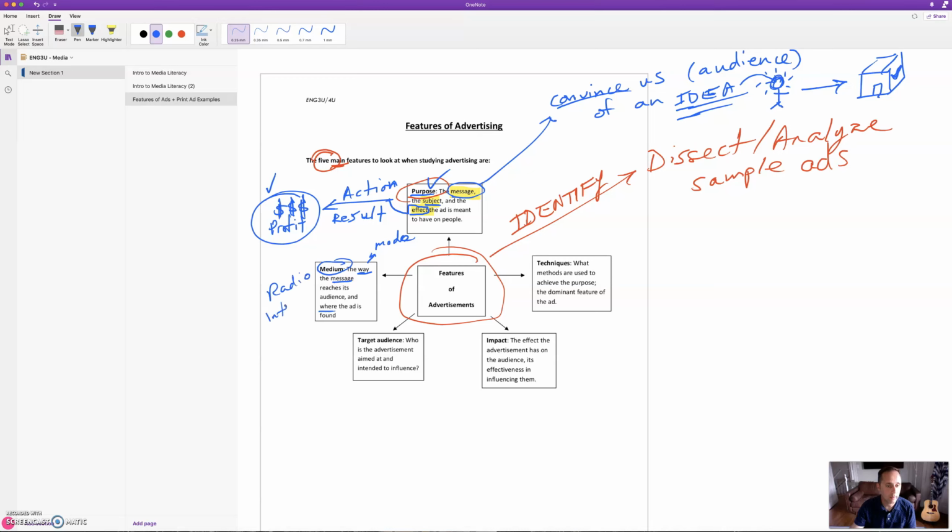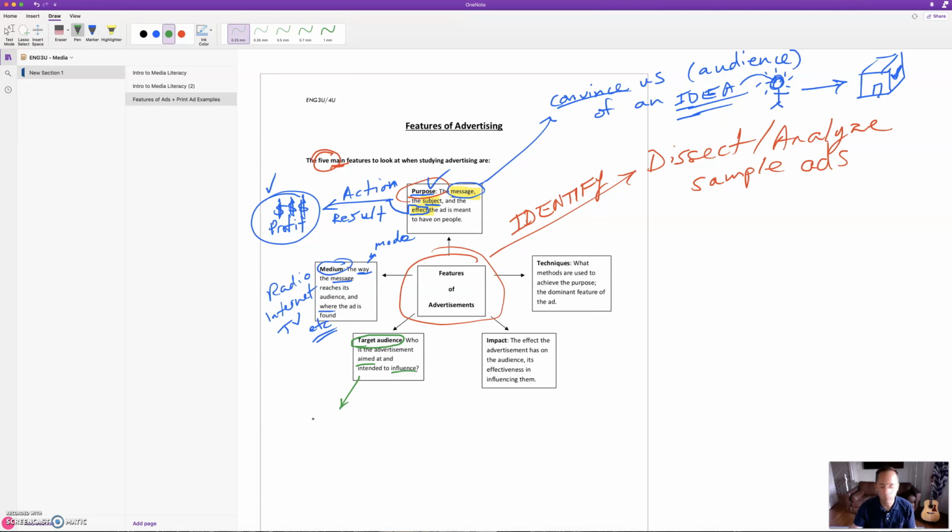Is it internet? Is it TV, etc.? Okay, so be aware of the medium. Who do they target? Who's their target audience? Okay, who are they aiming at to influence? Who do they intend to influence?